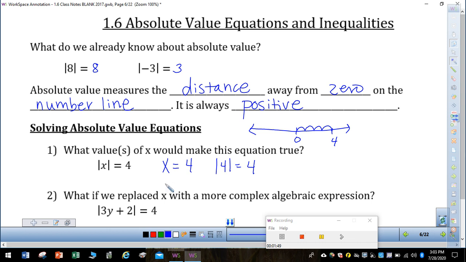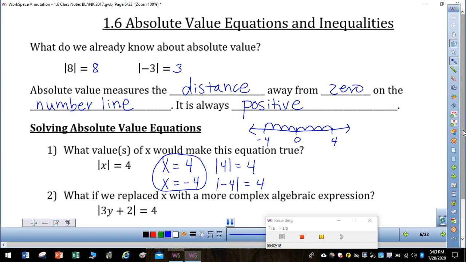Another possible answer would be negative 4. The absolute value of negative 4 is also 4, because on the other side, negative 4 is also 1, 2, 3, 4 spaces away from 0. What we're going to see when we're solving absolute value equations are more than one solution. In this case, we have two solutions, positive 4 and negative 4.